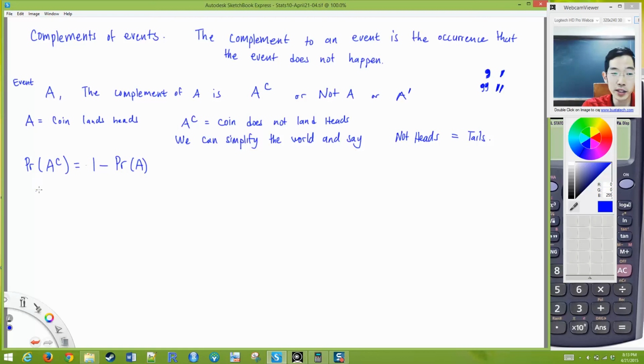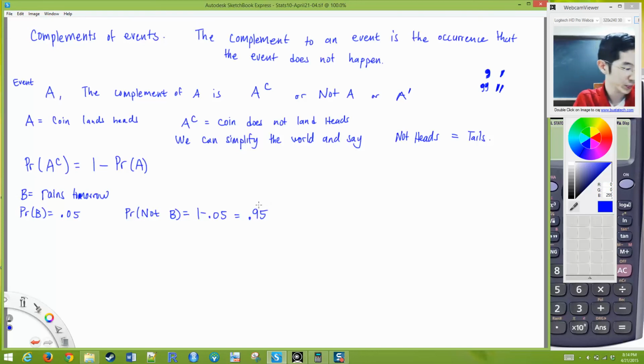If B is the event that it rains tomorrow, and we say the probability of B is equal to, I don't know, 5%, then the probability that B does not happen would be equal to what? 1 minus 5%, 95%. So we have that.